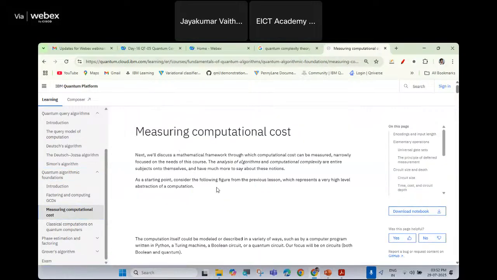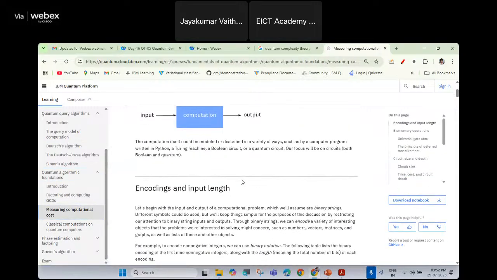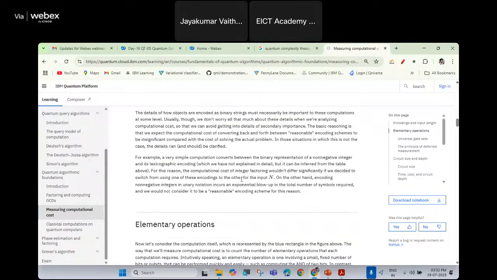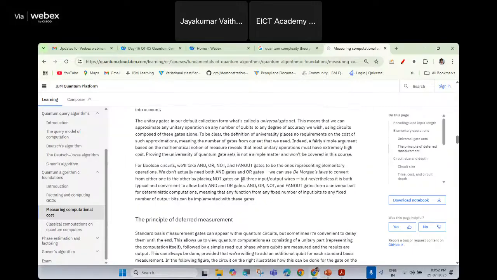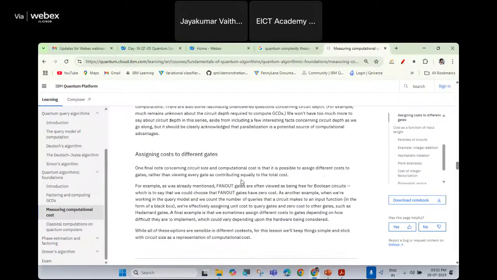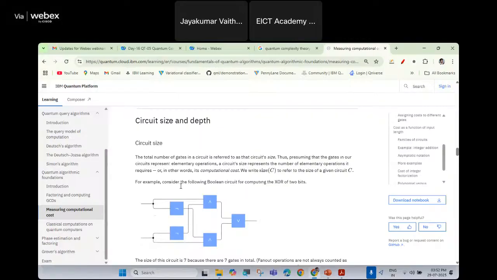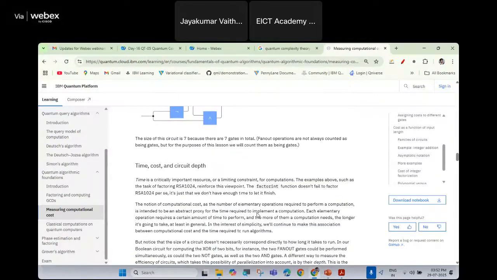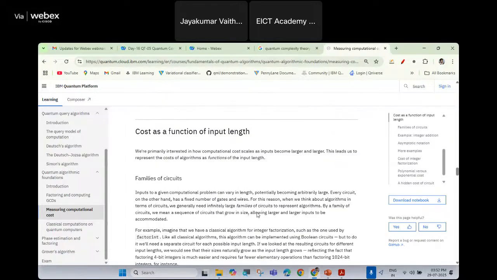You can measure the computational cost. Whatever we discussed here, you can calculate exactly, component-wise. If you are designing a circuit, you are able to compute its cost.